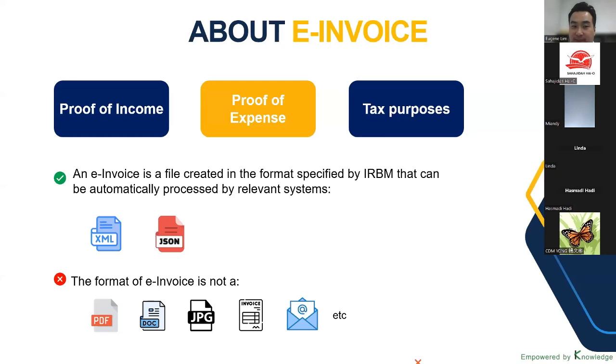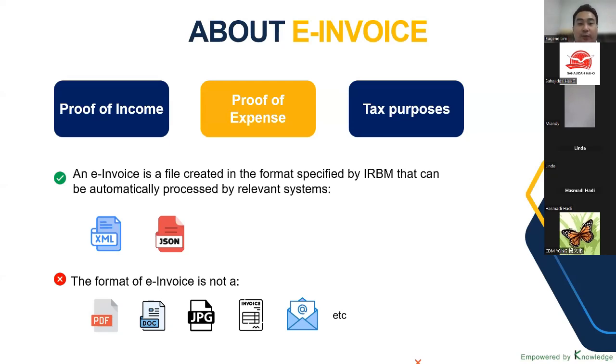Later, you also need to remember, for those not doing business, most of the time we will claim tax relief when doing a personal tax return. So coming in 2025, 1st July, all the expenses related to tax relief, for example, your insurance statement, going to buy a computer, a handphone, electronic items, sport equipment, you need to remember to request an e-invoice.